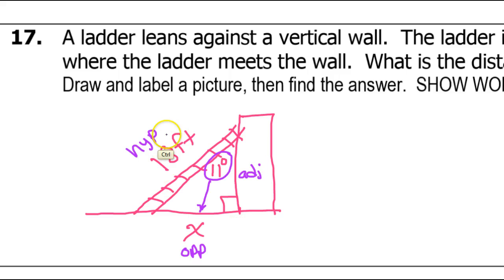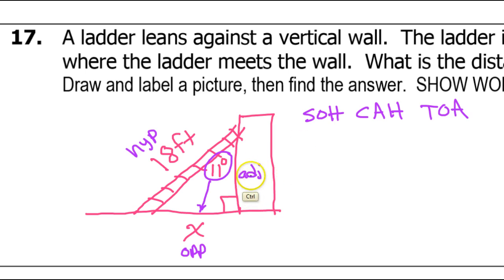First we write down Sohcahtoa. Which one of these sides is not doing anything? The adjacent. There's no number given here and we're not being asked to find it.